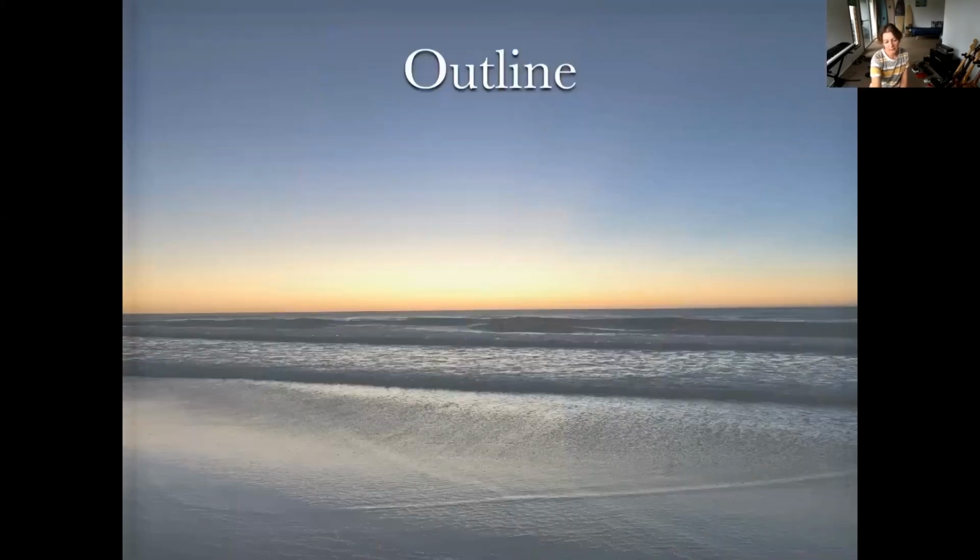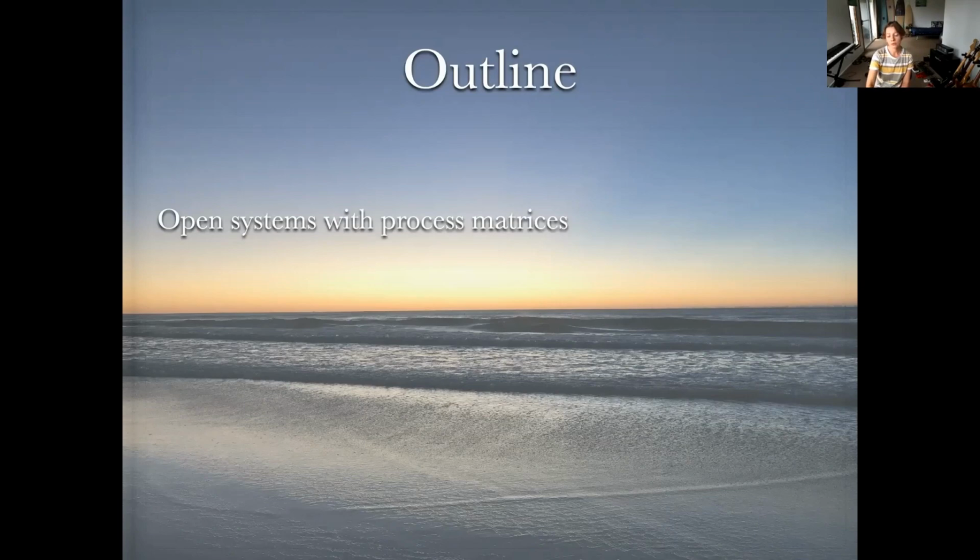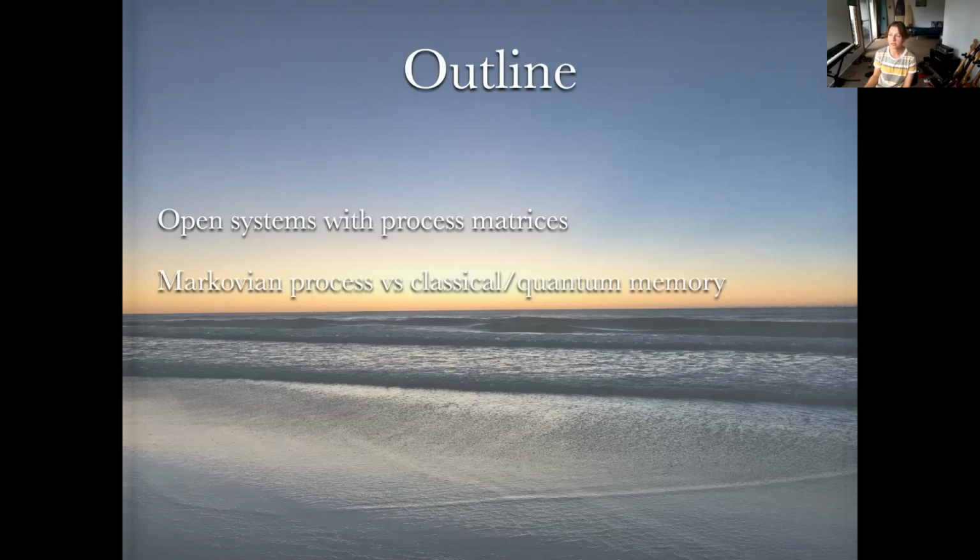All right, so here's the outline of the talk. I'm going to put the timer. So I will talk about another approach to open systems, and this is through the process matrix formalism. I will describe basically Markovian processes and non-Markovian processes, namely the ones that have quantum or classical memory, through this formalism, the process matrix.